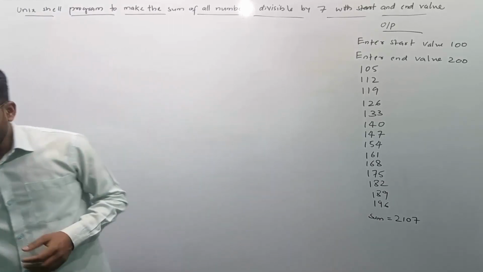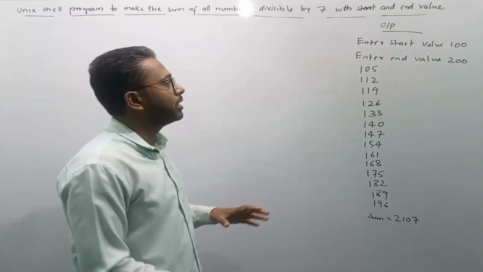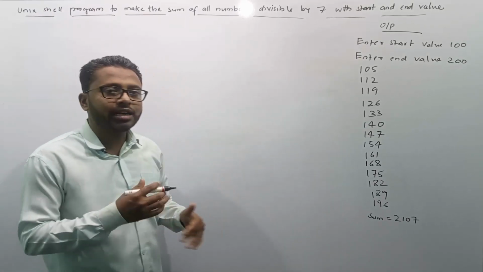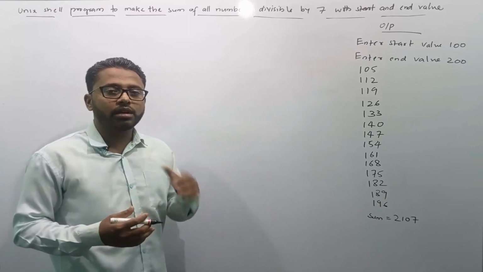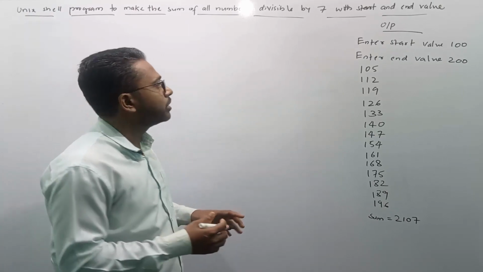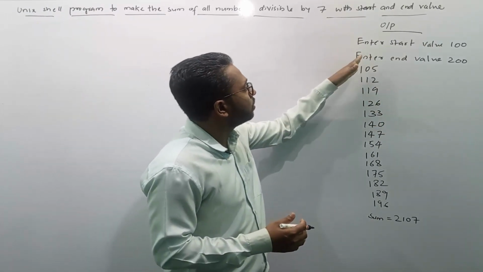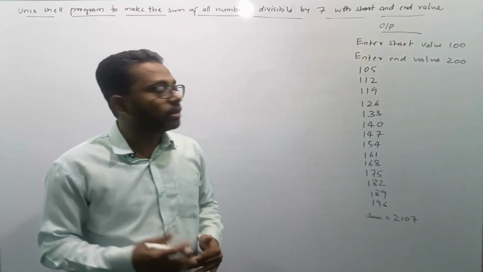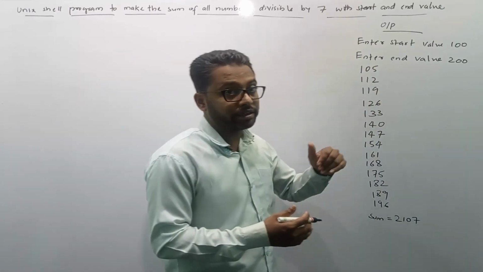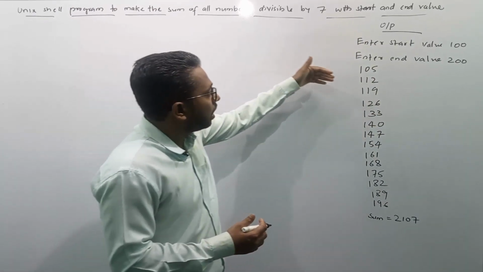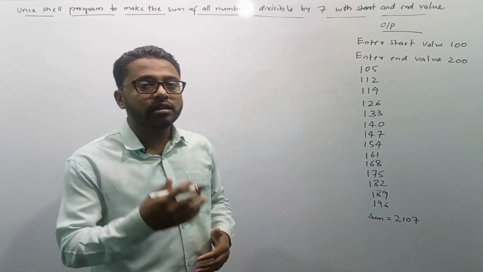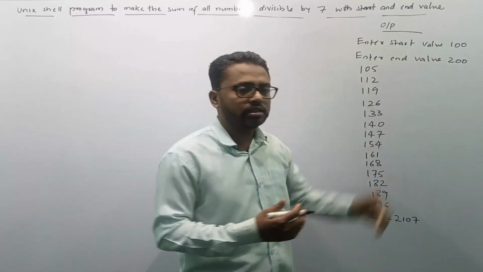So as you can see, I have already written down the output of this program, and with the help of this output, let us try to understand how many variables are required for us to write this program. So when this program gets executed, it will ask to enter the starting value. Then user will enter 100. Then again it asks user to enter the end value. Then user will enter 200.